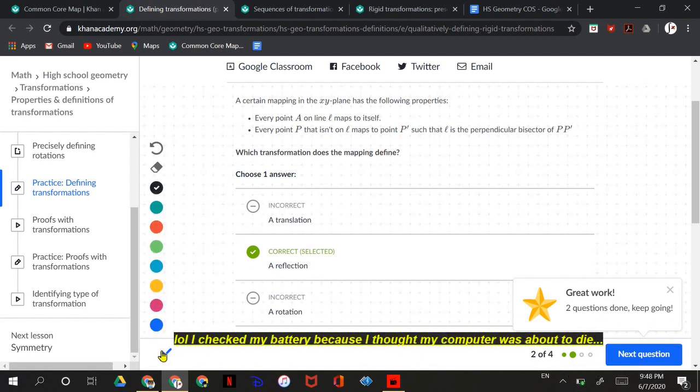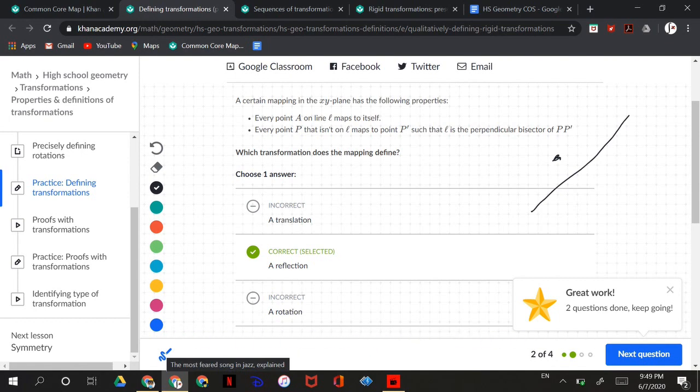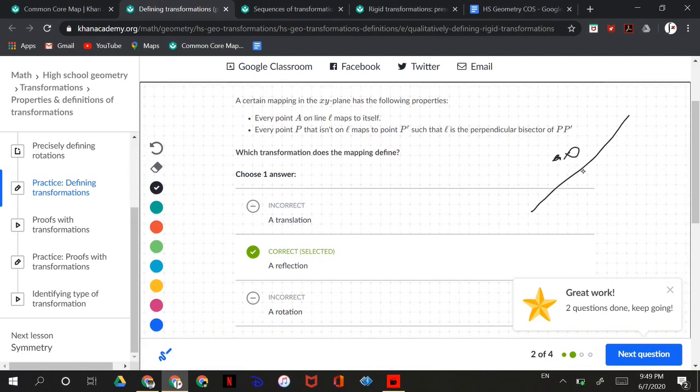So you have line L. Let's name this P and name this point A. A would map onto itself, and then P would map to a new P. This is not exact, so don't worry. Even though this doesn't look like a perpendicular bisector, it should be a perpendicular bisector.